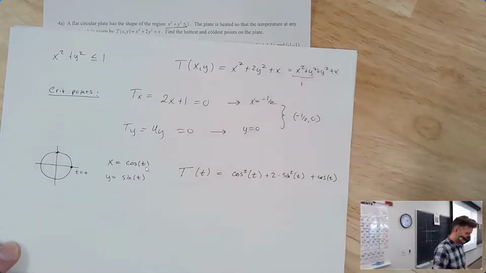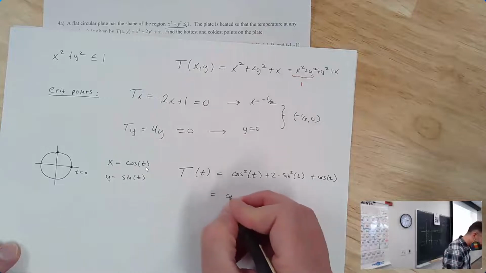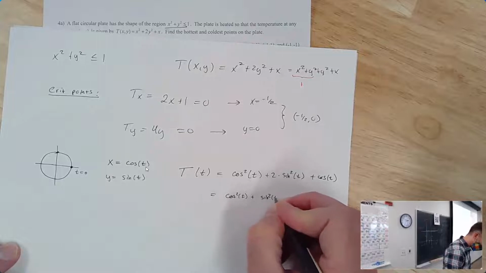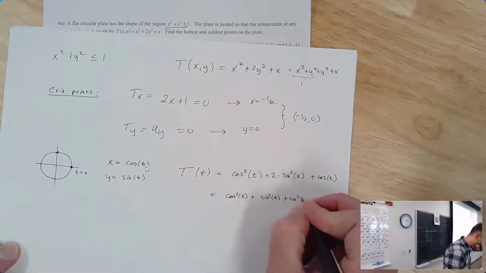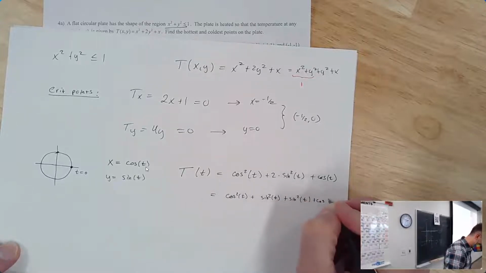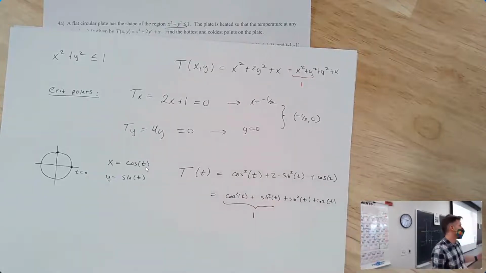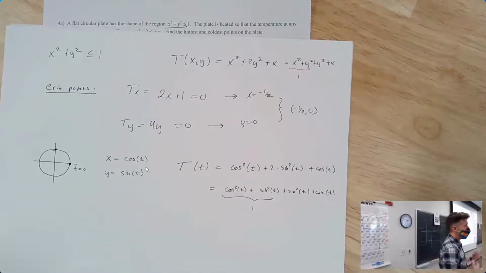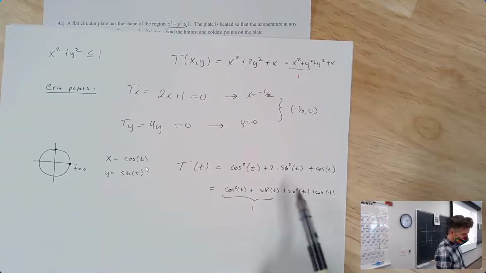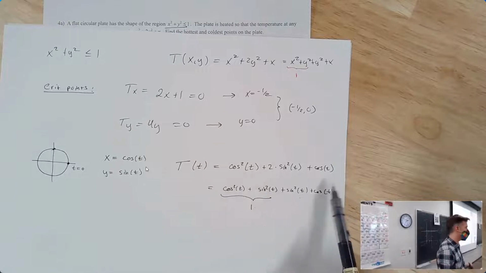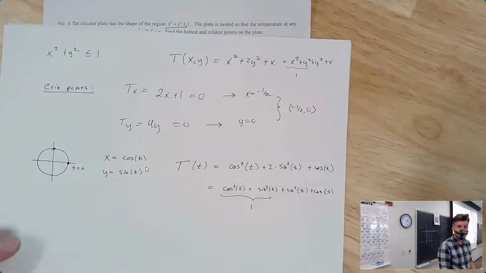Or we could see it here: I have a cosine squared of t plus 1 sine squared of t plus another sine squared of t plus cosine of t. I know that cosine squared t plus sine squared t is always equal to 1. It's really the same thing, just seen differently. The point is I want to make my life easier before I differentiate. It's less work to differentiate 1 plus sine squared plus cosine than it is to differentiate all of that. Not a lot less, but enough that it's worth looking at.